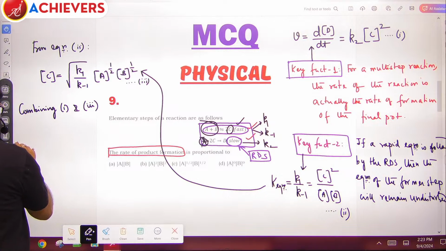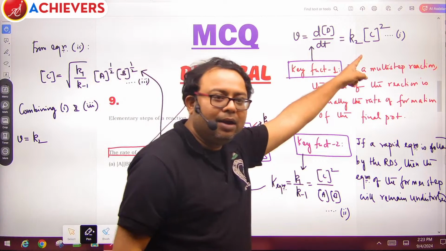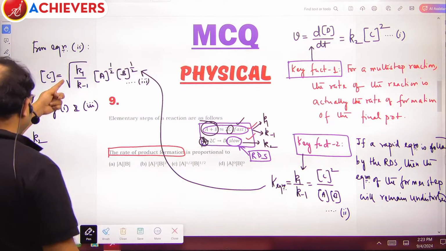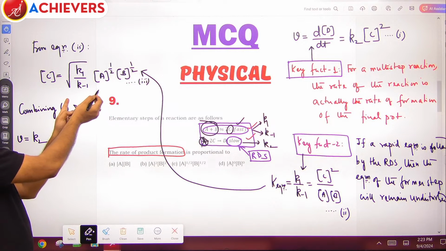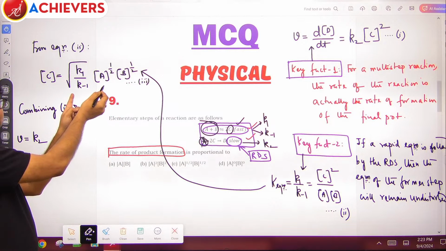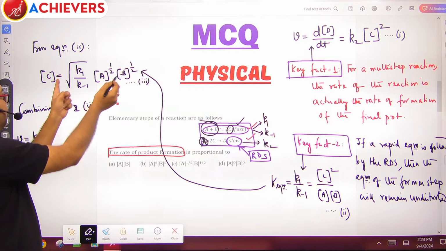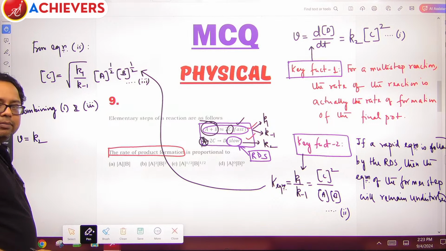V equals K2 multiplied by C square. So what is the square of the concentration of C? You just square this one. The root will be cancelled.